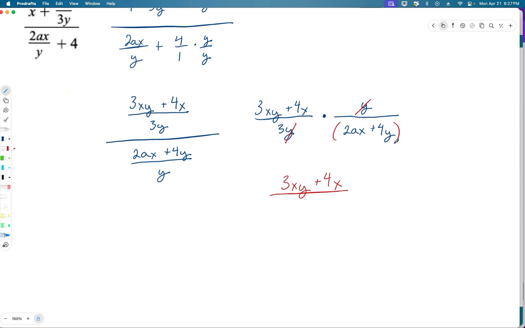So I'm going to put this in parentheses. 3 times everything here, 3 times 2, that's going to be 6ax. And 3 times 4 is 12, that's going to be 12y. This is going to be your answer. And that is all we can do because this operation makes it to where we can't reduce.